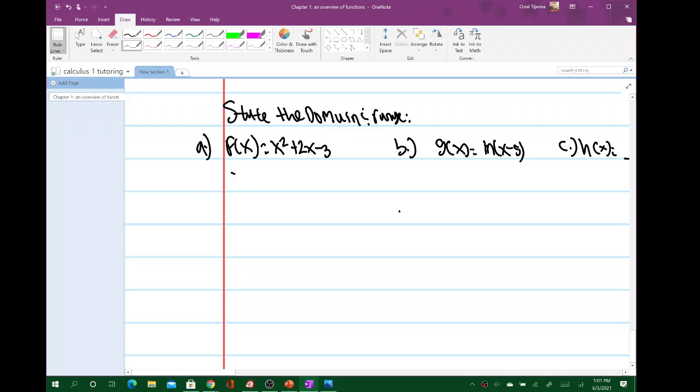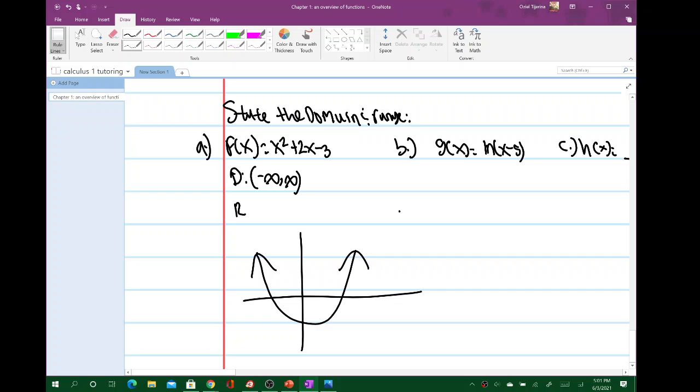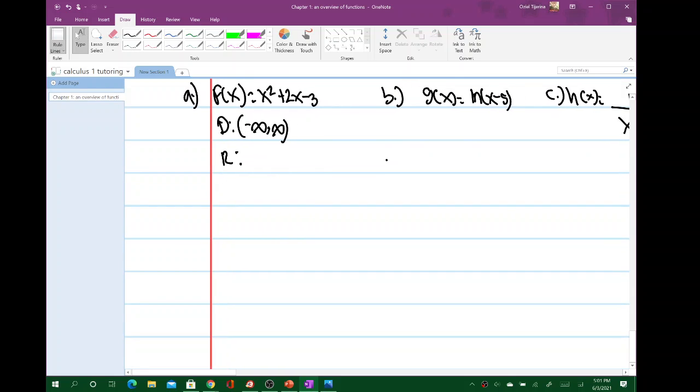So the domain is from negative infinity to infinity. You should know that already. And obviously when you do the graph, there are no restrictions. X can be anything, right? And the range is just whatever.